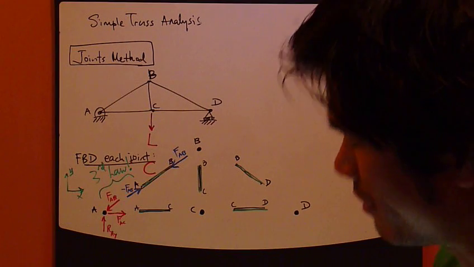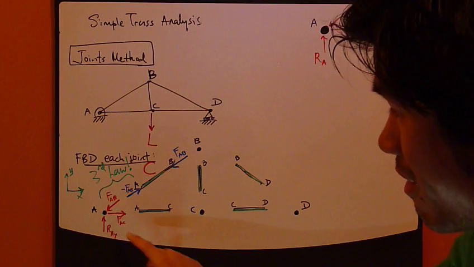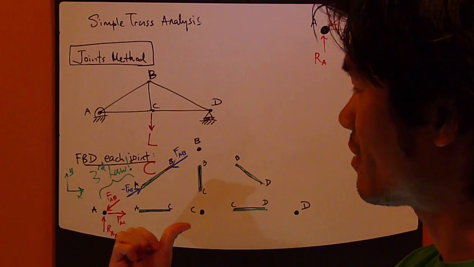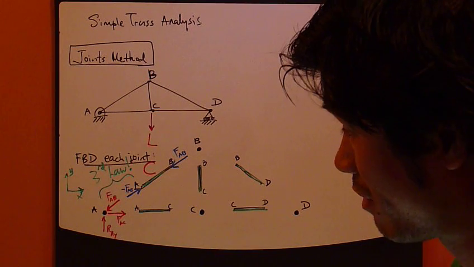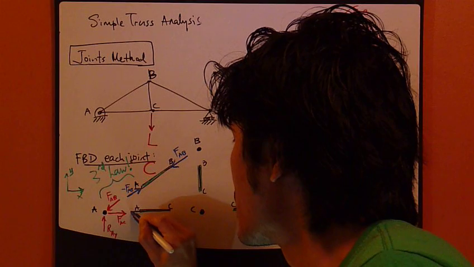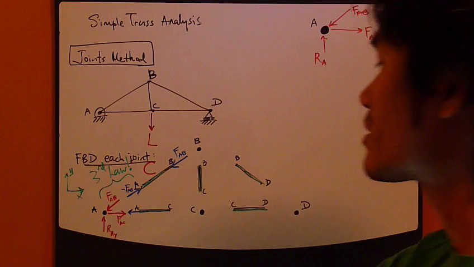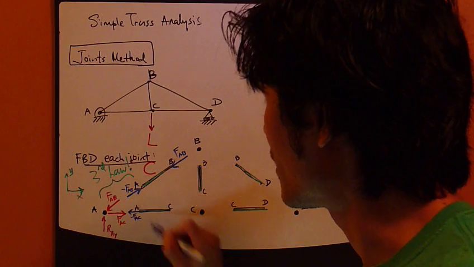What about FAC? Use the same method to figure it out. FAC points to the right, away from the joint. Because of Newton's third law, an equal but opposite reaction must exist. So this is negative FAC.